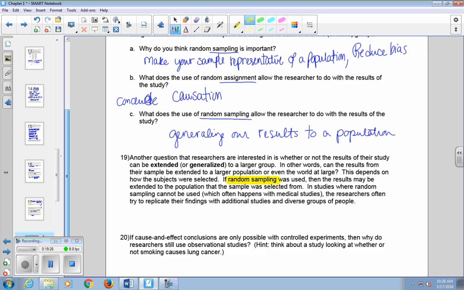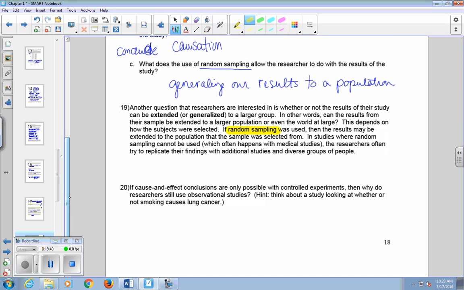So, if cause and effect conclusions are only possible with controlled experiments, then why would we even do an observational study? Seems like the observational study isn't that helpful. So one thing to consider, and if we look at this hint, think about the study looking at whether smoking causes lung cancer. Why would we not want to do a controlled experiment if we were looking at smoking and lung cancer?